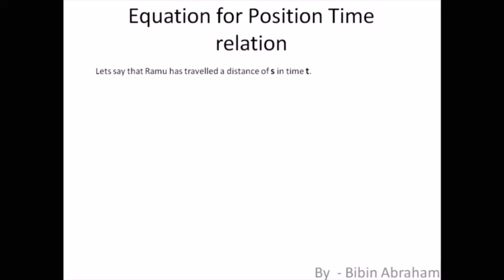We already know that the area under the velocity time graph will give us the distance traveled. Yes or no? The area under the velocity time graph will give us the displacement or the distance traveled.